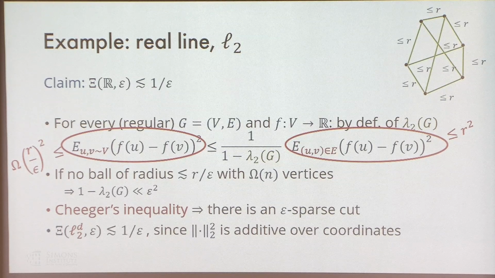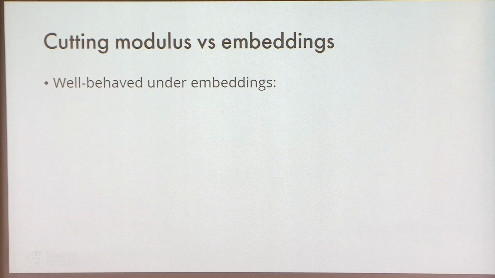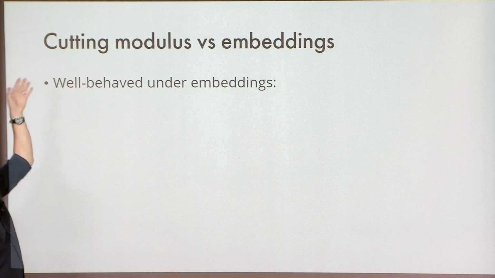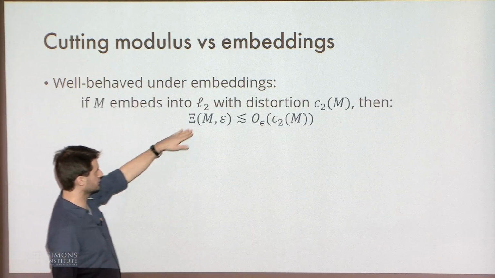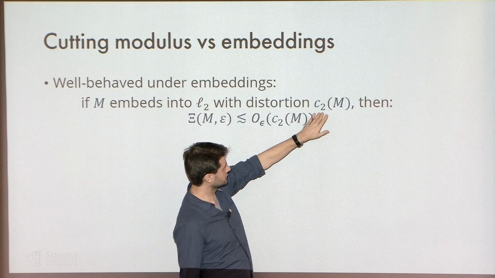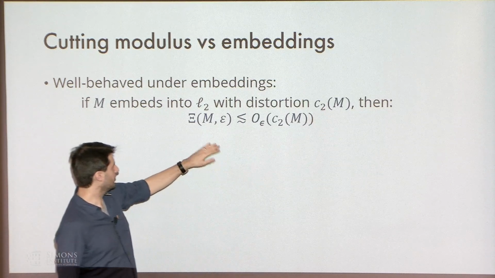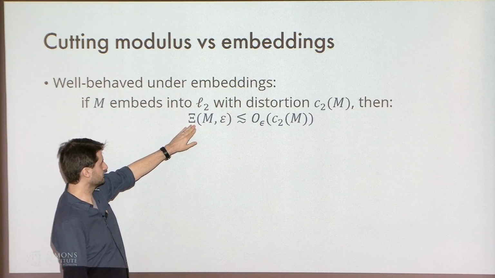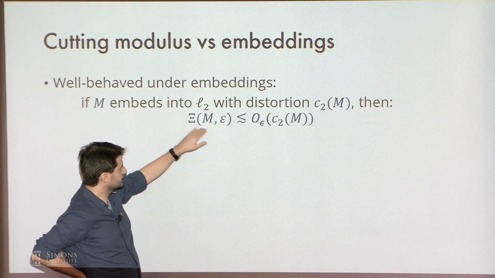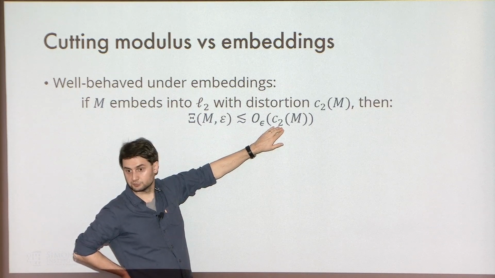Okay, so this is for the real line, for Euclidean space, but this is not why we're doing this. The question is, okay, how does it work for other norms? So first of all, the cutting modulus is well behaved under embedding. So in particular, for example, if our metric space M embeds into L2 with distortion, which is denoted as C2 of M, then it is immediate to prove, pretty much by combining with the previous slide, that this Xi is upper bounded by C2, basically the best distortion of an embedding into Euclidean space.